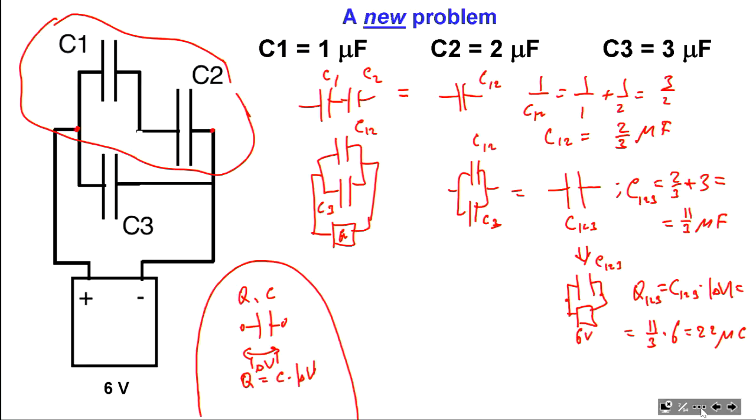Now we can go back to the previous situation, the previous schematic.